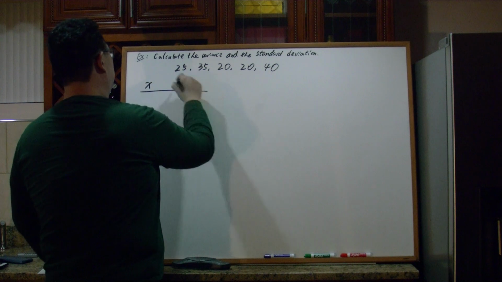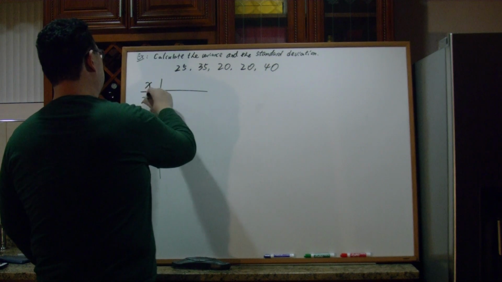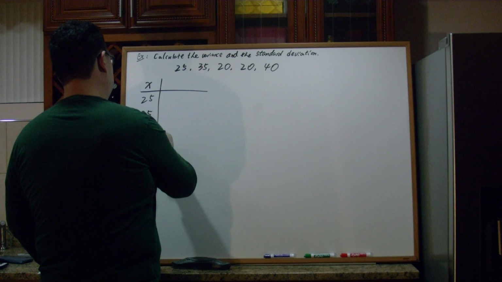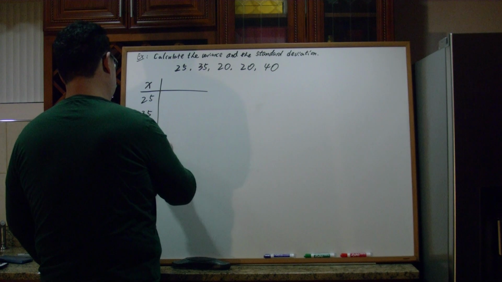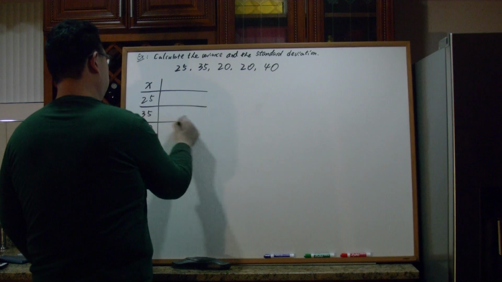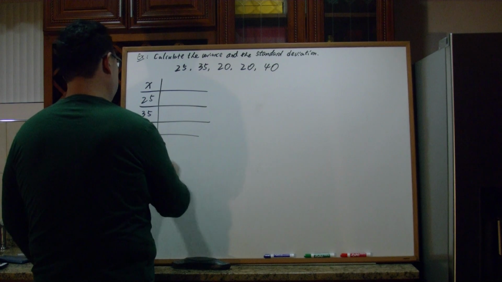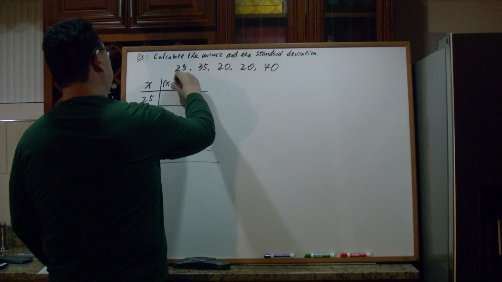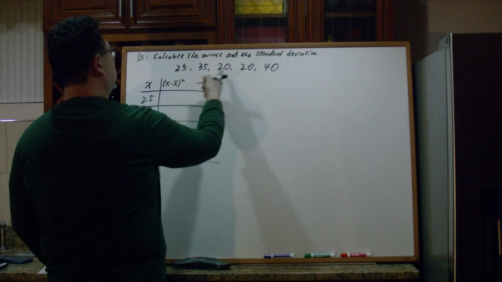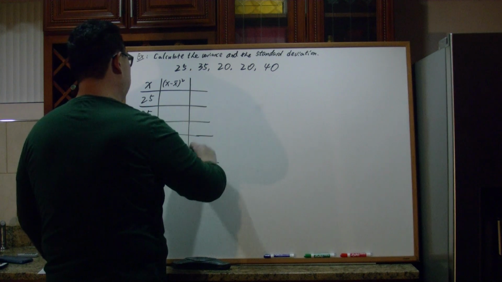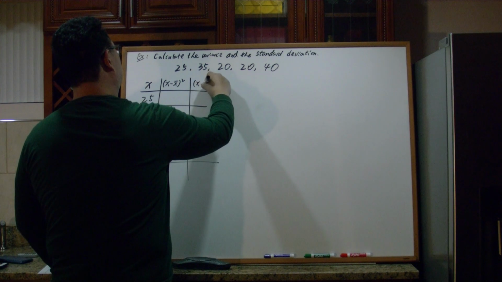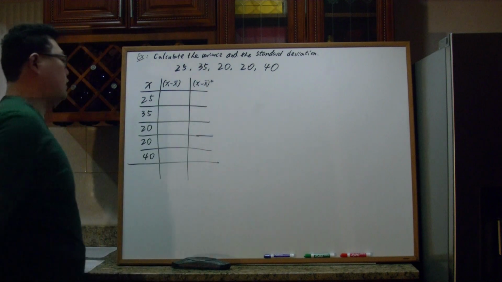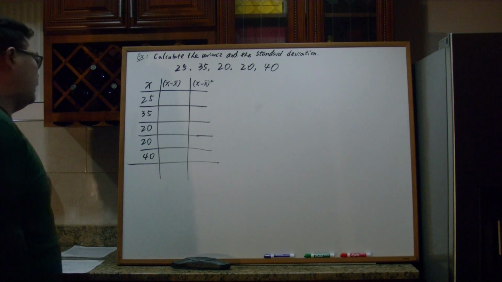I just set up a table to get all the data in: 25, 35, 20, 20, and 40. In the middle we need to take the difference between each value and its mean, and then we need to take the square of the middle difference.